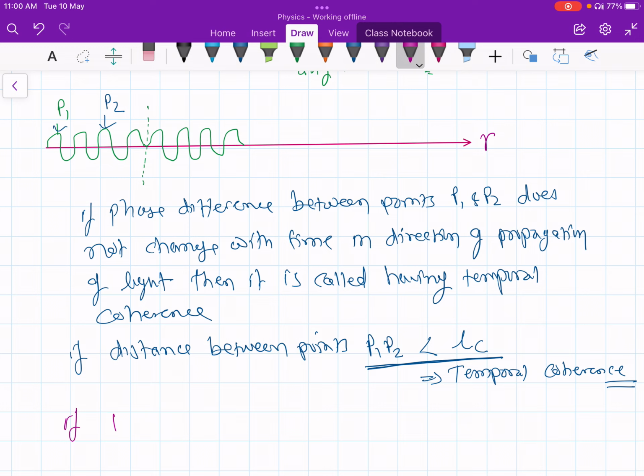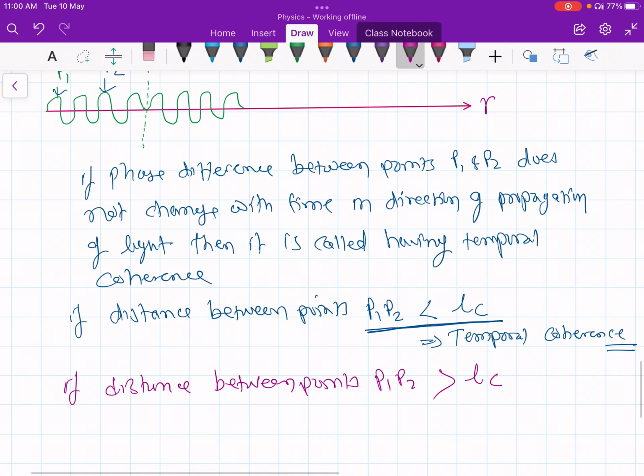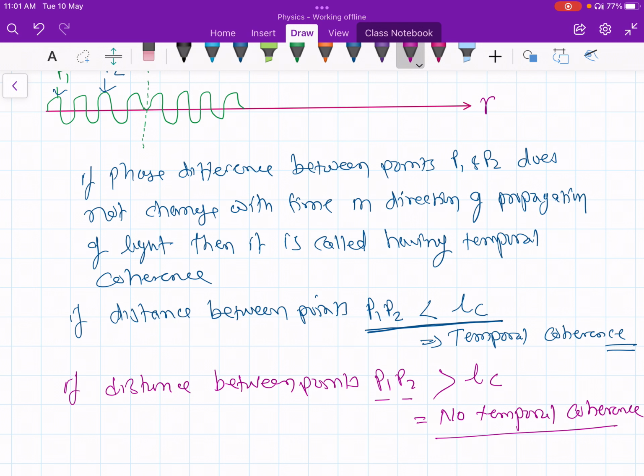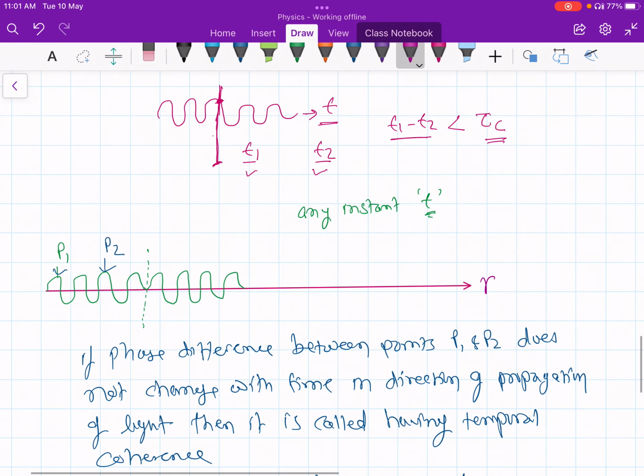On the contrary, if the distance between points P1 and P2 is greater than the coherence length, then there won't be temporal coherence. No temporal coherence. In other words, from here to here is the coherence length.